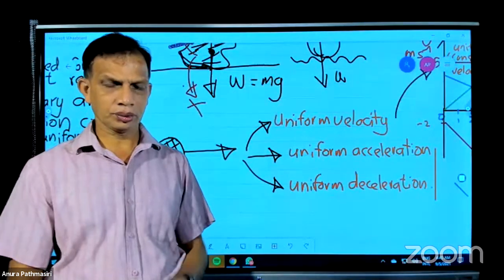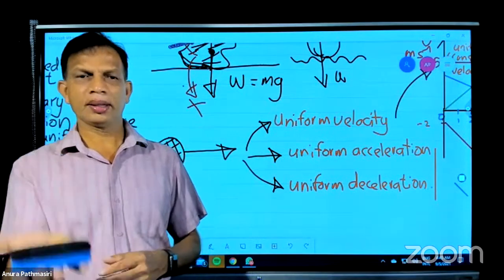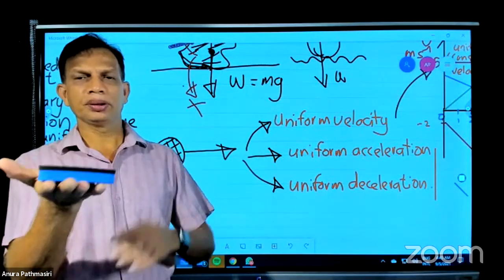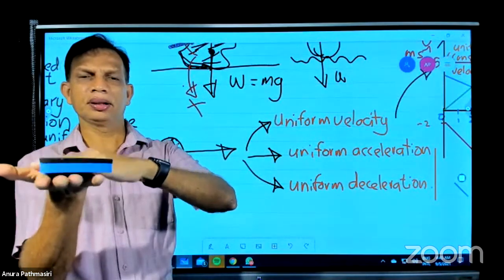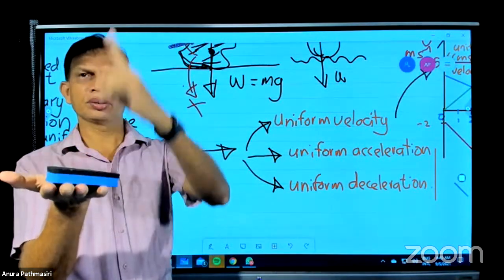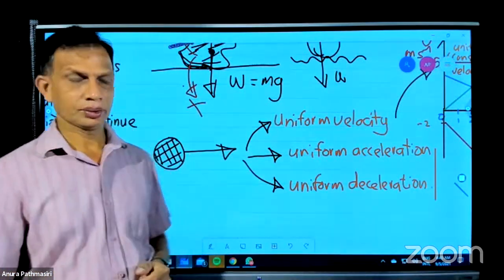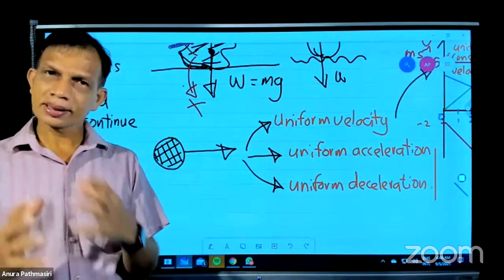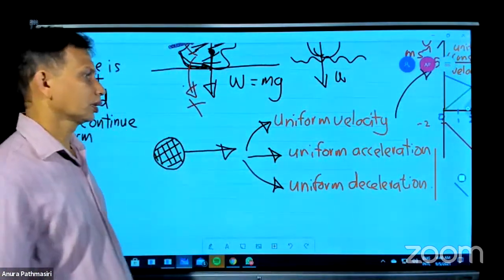That's why, when I move my hand upward with the object on it and suddenly stop my hand, the object tries to move upward. That's the explanation of the first law of motion.